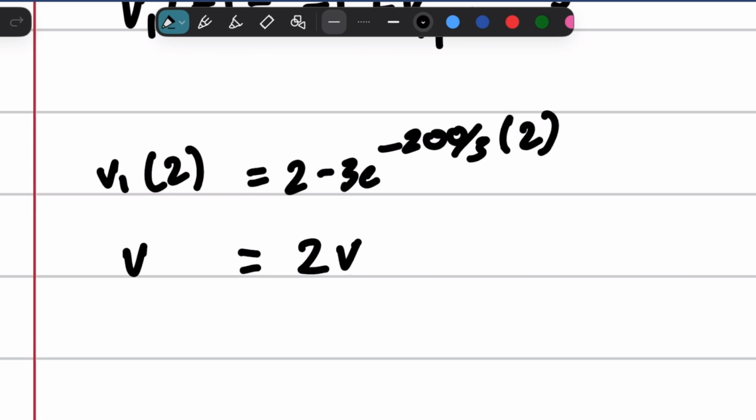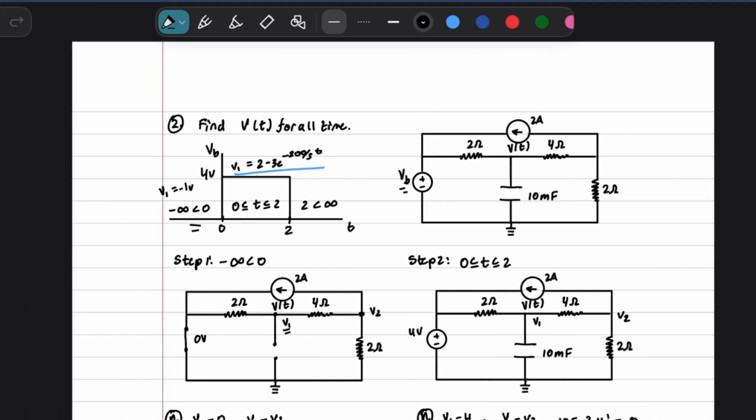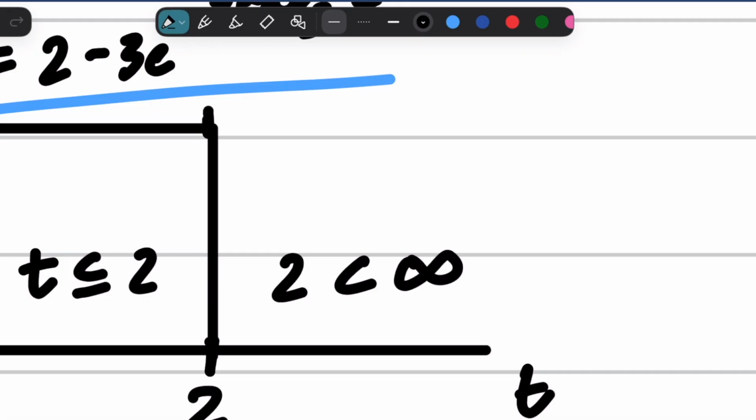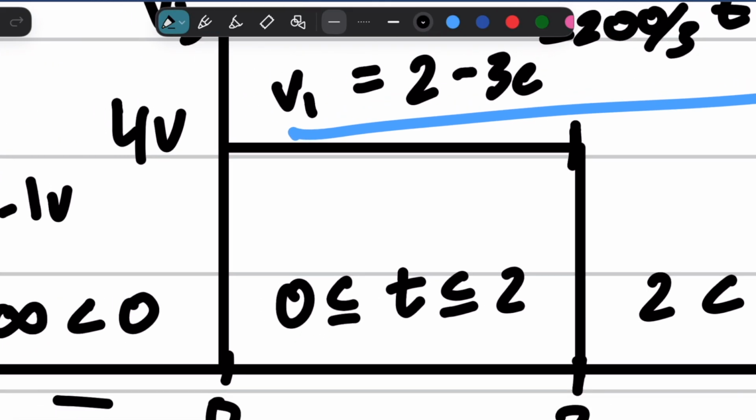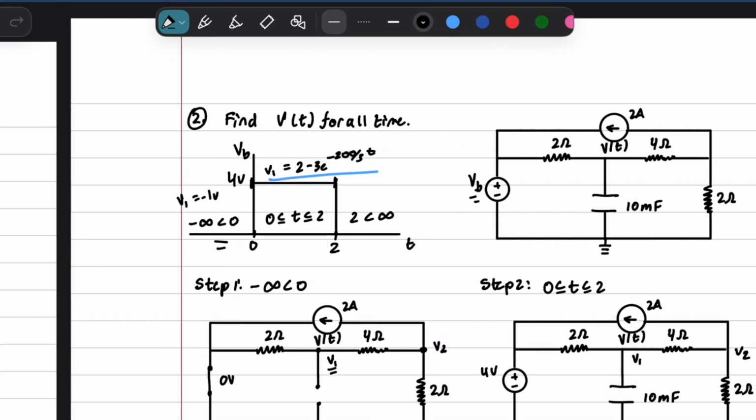So that would be our V1 of 2 minus, right? Because we are looking at just on the verge of changing. So we were looking at on the verge of changing from here. Now we're looking at on the verge of changing from here.